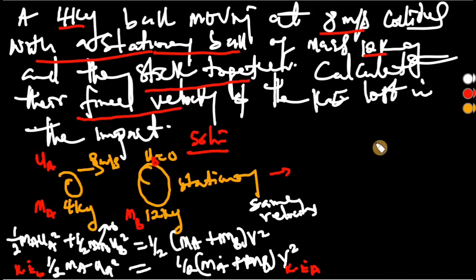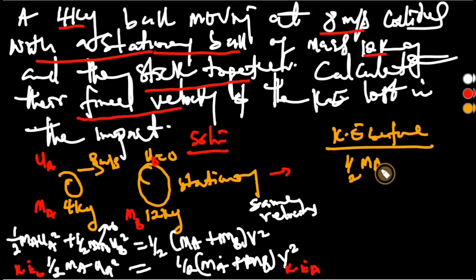So if we solve the kinetic energy before the collision, it is half MA UA square. So you have half, MA is 4, times UA, UA is 8 square.